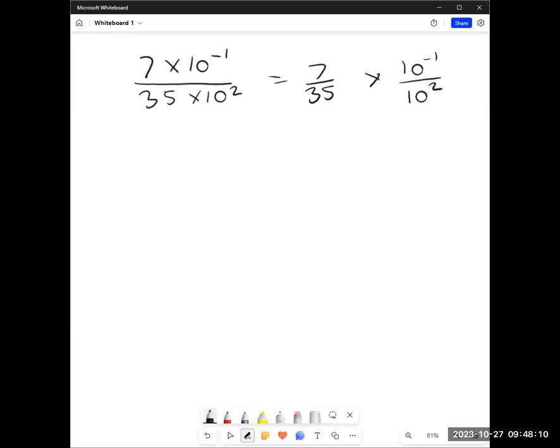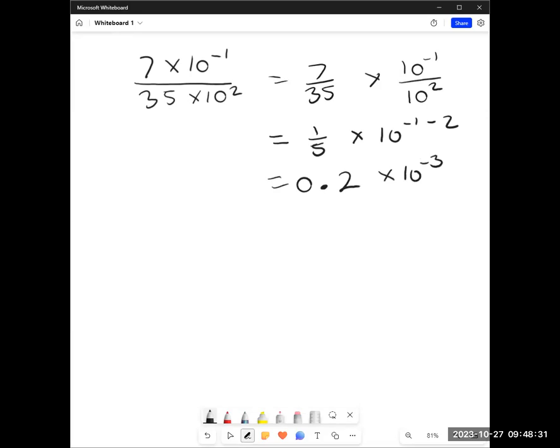We're not trying to make positive exponents here. We're trying to get everything into the numerator. So this is going to be 1/5 times 10 to the negative 1 minus 2, is 0.2 times 10 to the negative third.